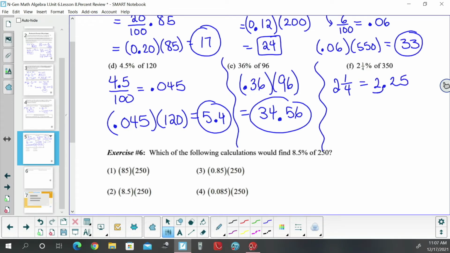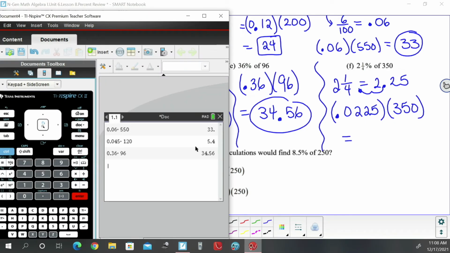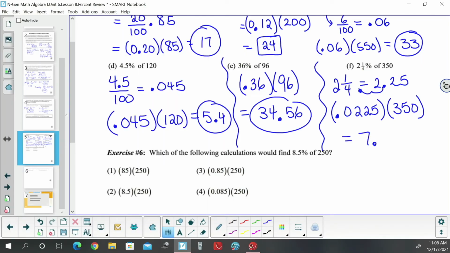So if I then move that decimal place 2 units to the left, it'll be 0.0225 times 350, and that's 7.875.